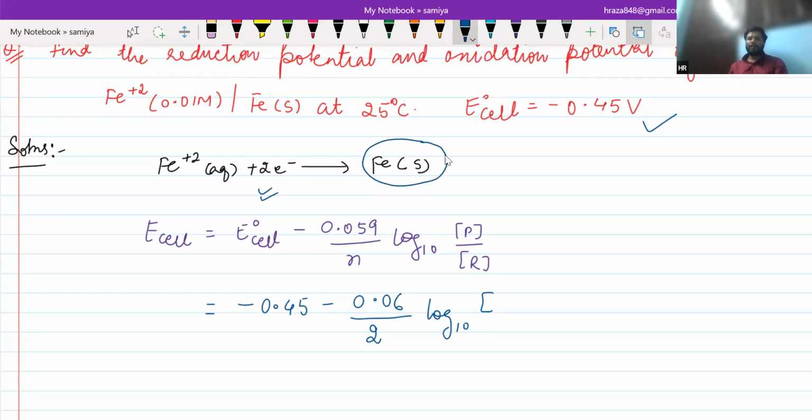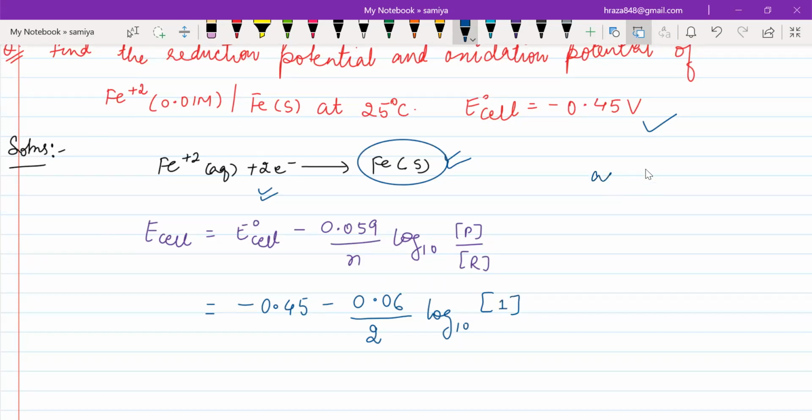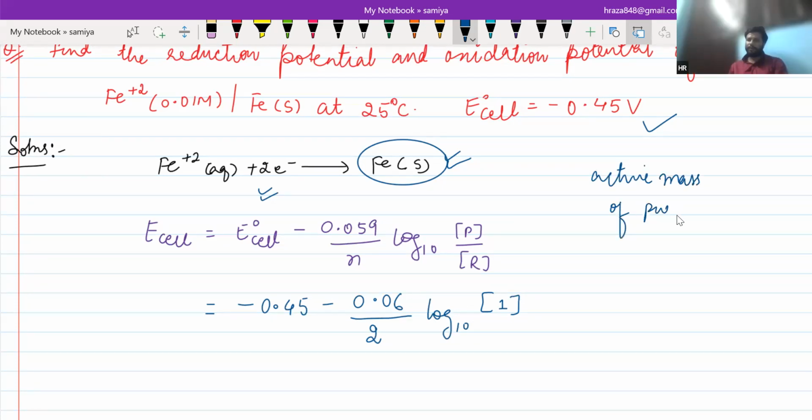Product is Fe in solid state. That's why we will take 1, because the active mass of pure solid and liquid equals 1. And what is the reactant? Reactant concentration is given as 0.01. That means 10 raised to the power minus 2. Yes or no?